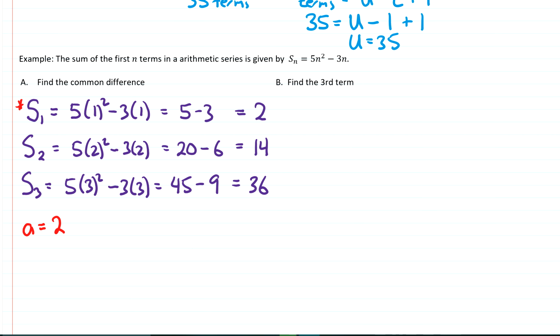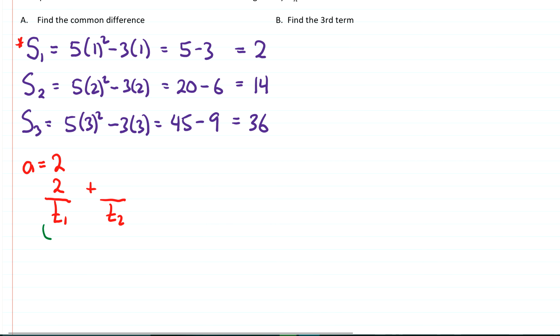Now if you take T1, which is 2, we just determined that, and you add T2, then this would give you the sum of the first 2 terms, if you added them together, and we know that that's 14. So we know that in order for T2 and T1 to add to give you 14, that would mean that T2 must be 12.